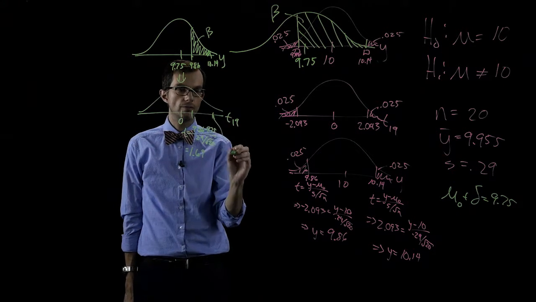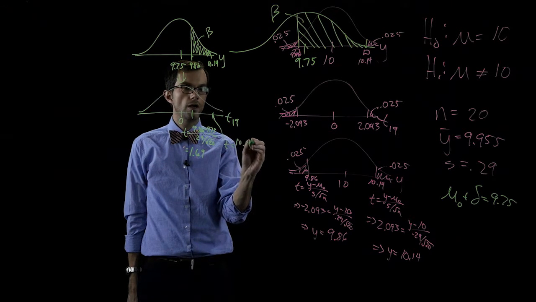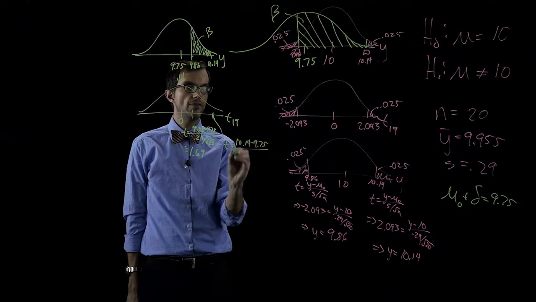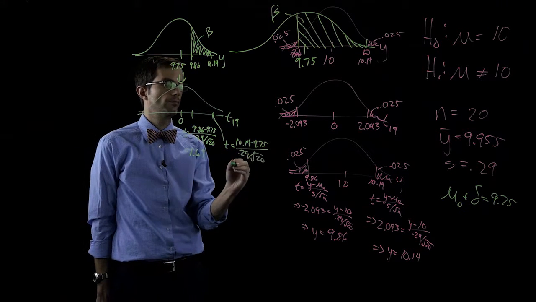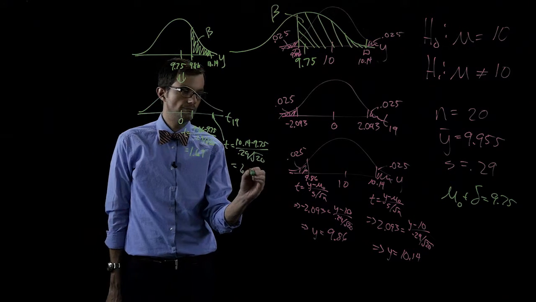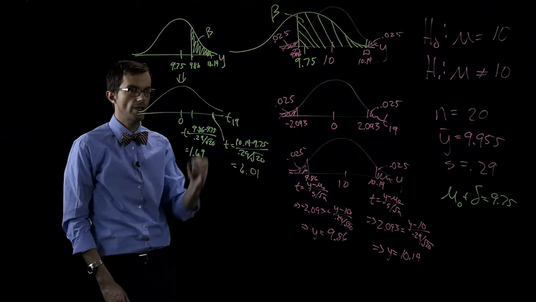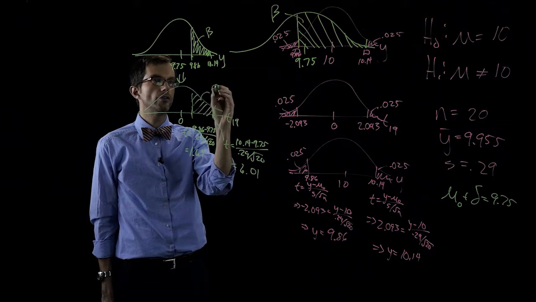This value here is 10.14 minus 9.75 divided by s, 0.29 over root 20. That value is 6.01. And this area in between these two values is beta.